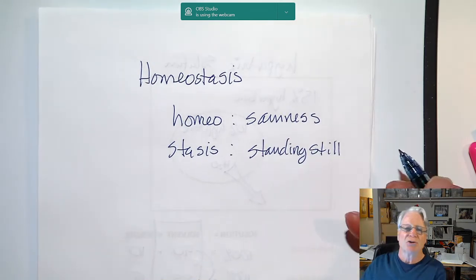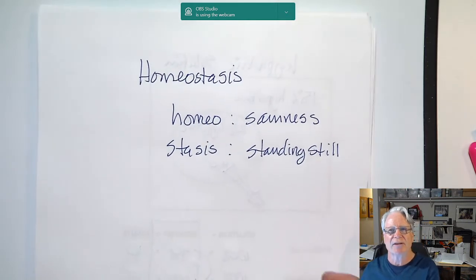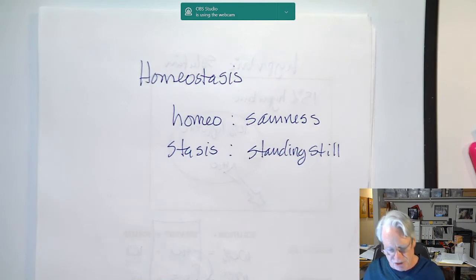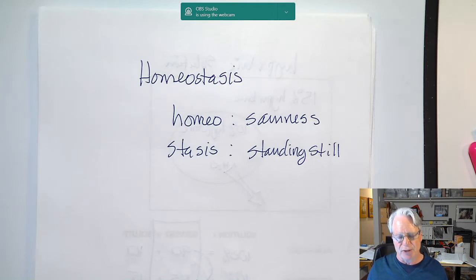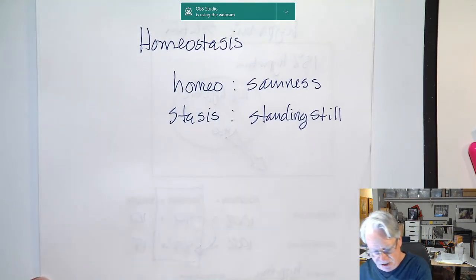Okay. So sameness, standing still. That kind of captures what this term is all about, but it doesn't really give you a good, strong definition, something that you can hold on to and use as a tool to understand what you're about to learn about the human body.